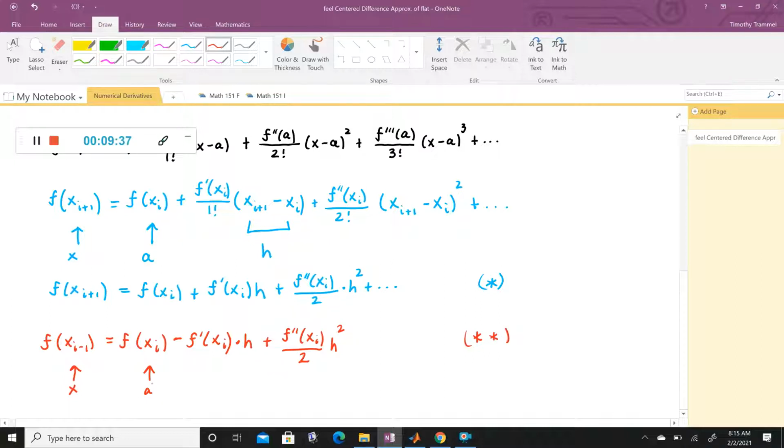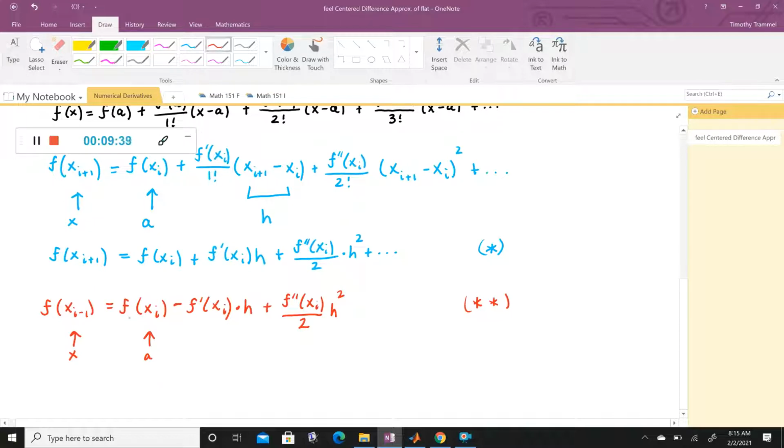And we're going to go ahead and add these two together here. I'm going to get rid of this. All right, and so if we add these two together, we have f of x sub i plus 1 plus f of x sub i minus 1 is equal to, and you can see that we have these two f of x sub i stacked here, so it's going to be 2 f of x sub i.